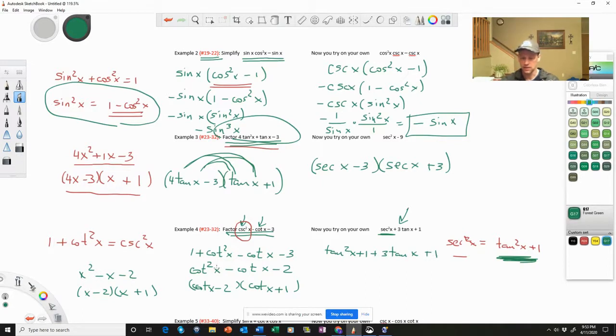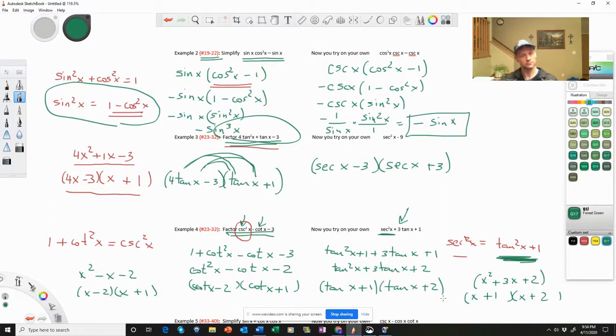Combining those ones, I'm going to get the tangent squared of x plus 3 times the tangent of x plus 2. And that is going to factor just like x squared plus 3x plus 2 would factor. That one's easy. My 9th graders could do this one. Ta-da! And therefore, your answer is going to be the tangent of x plus 1 times the tangent of x plus 2. All right. Hopefully you're doing okay with these.